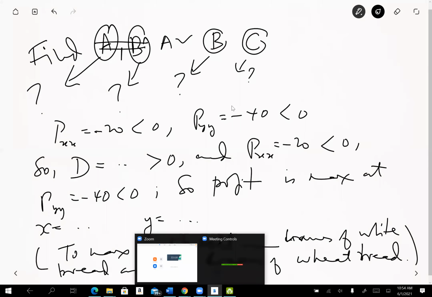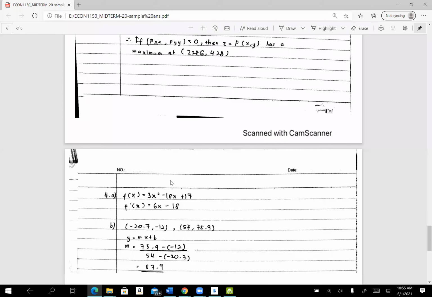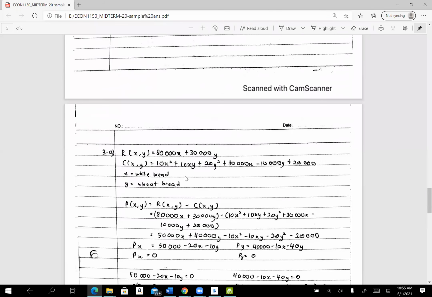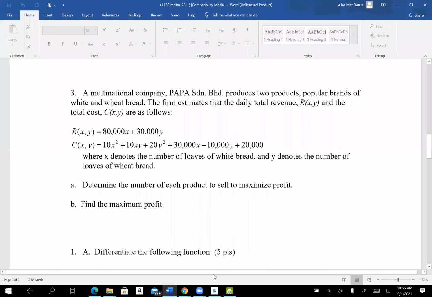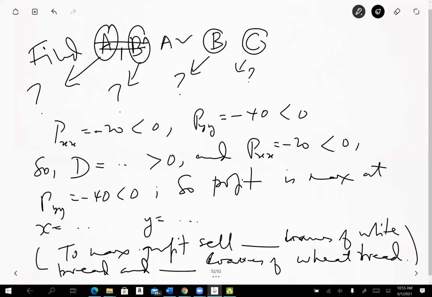So that is part A. Now part B, we already determined the profit is maximum at that point. So to get the maximum profit, which is the question part B, we substitute the X and Y into the profit function. Okay.